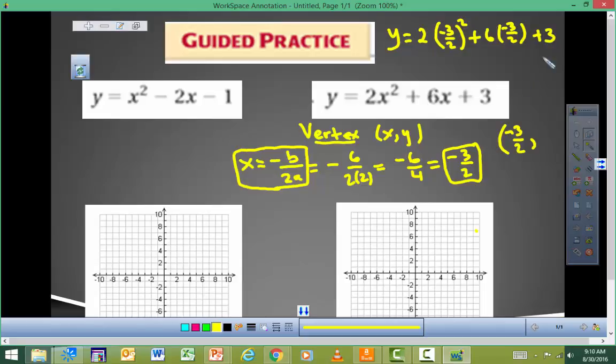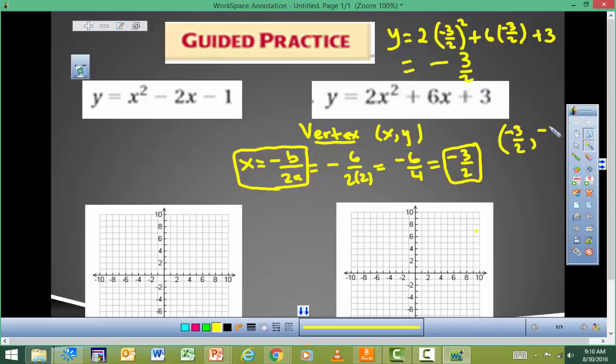Now, if this is complicated for you, you could always put this all in a calculator and see what happens. And it simplifies. Okay? Well, in any event, if I plug this in my calculator, let me just do that real quick. Save us some time here. Alright, so if I do that, this whole thing is going to be equal to negative 3 halves also.